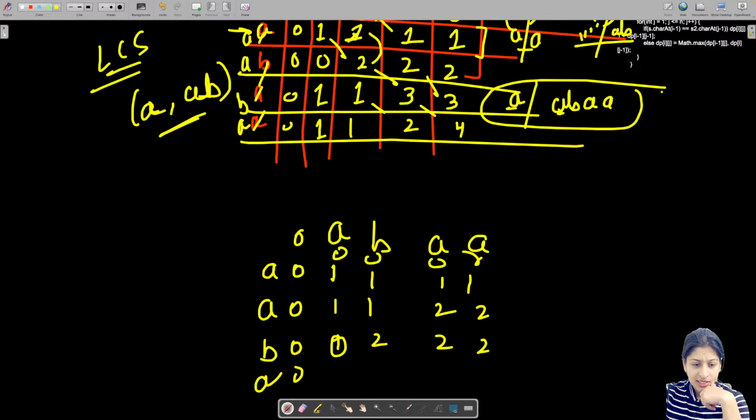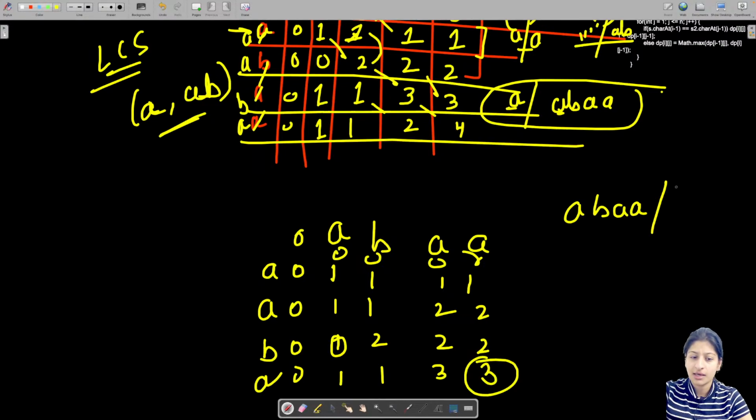AA is a match, so you add 1 to it. AB is not a match, maximum is 1. A is a match, 2 plus 1, 3. AA is a match, 2 plus 1, 3. Finally you got 3 in this cell. This cell represents the longest common subsequence of ABAA and AABA, right?